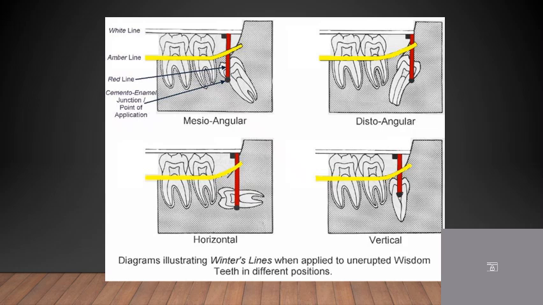For a horizontal tooth, the point of elevation is again the mesial CEJ. For a vertical tooth, it is the central region, the CEJ or the central part of the impacted tooth. So based on the classification, you can understand how it has been postulated.